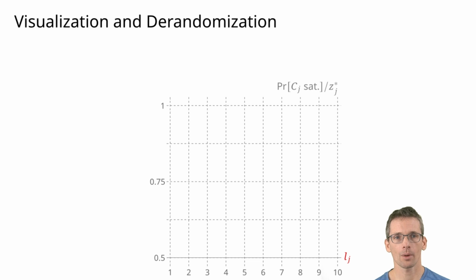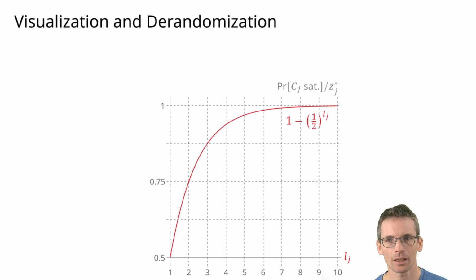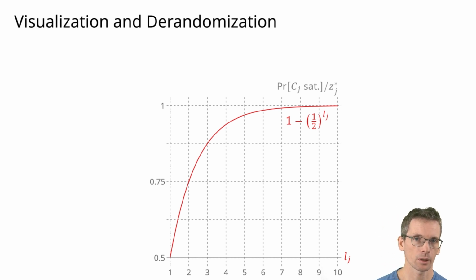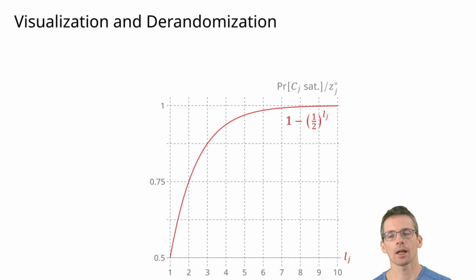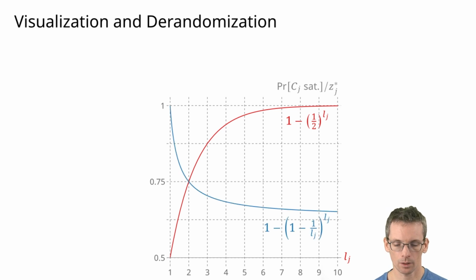Let's also look at this in a picture. So the lower bounds that we had for the two algorithms for the probability that a certain clause was satisfied. For the simple algorithm, we got this lower bound roughly. So this increases. It gets better the more literals the clause has. And for the randomized rounding, this bound looks roughly like that.